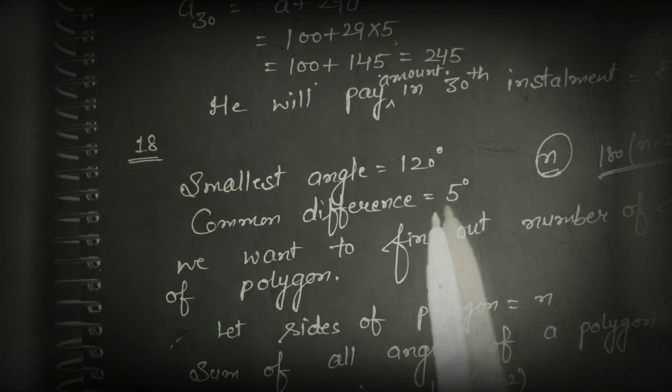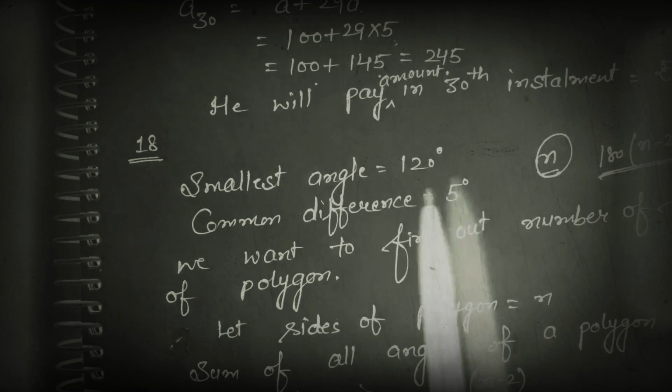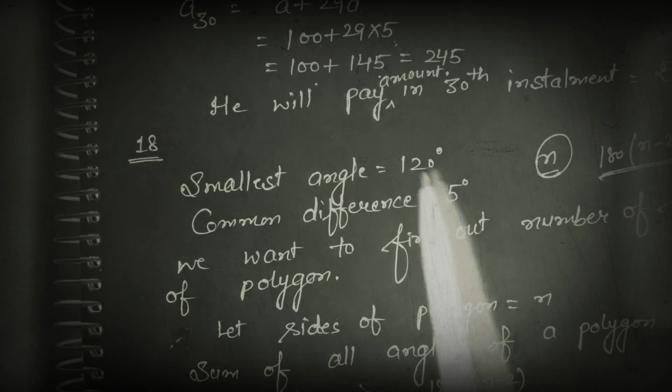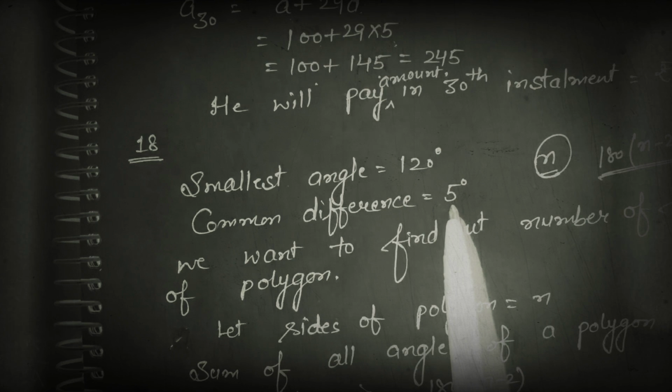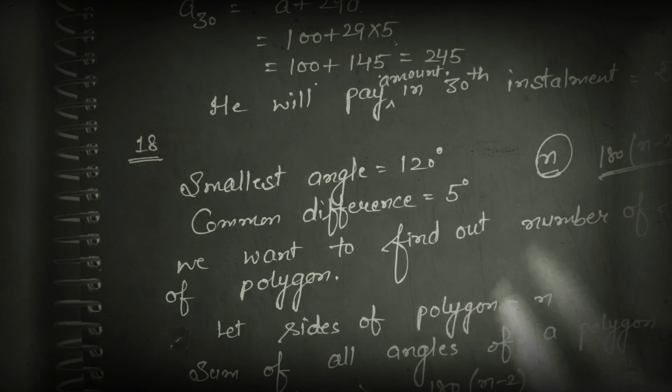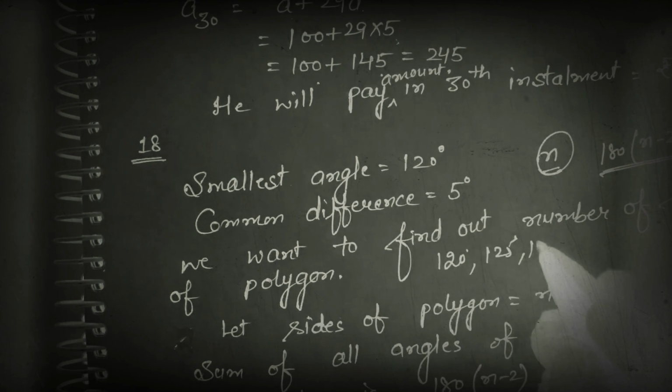And we can find the sum of interior angles by using the AP formula. Why is this an AP? Because the smallest angle is 120 and the common difference is 5 degrees. So the first angle is 120, the second one is 125, the third one is 130.